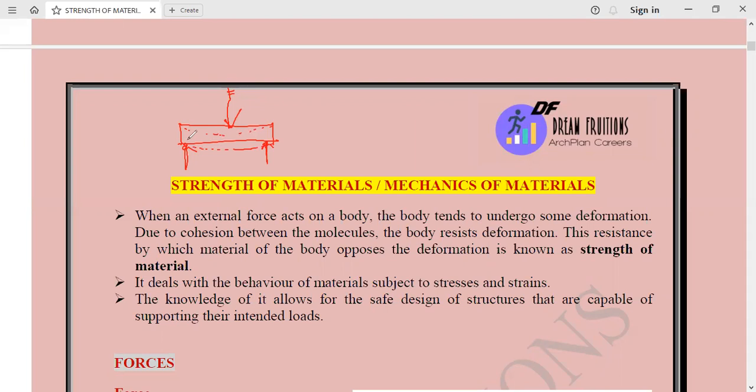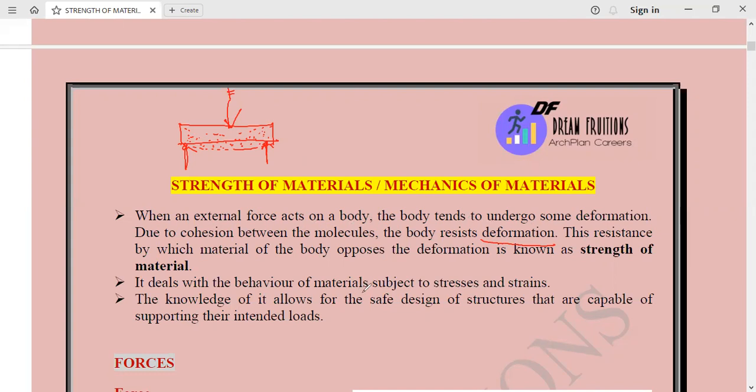But this body consists of molecules, and these molecules are bound together by the cohesive force between them. So due to the cohesive force between the molecules of the body, this body will resist deformation. And the resistance that is offered by the material of the body is known as strength of material.